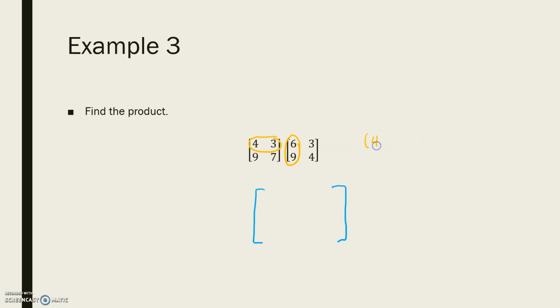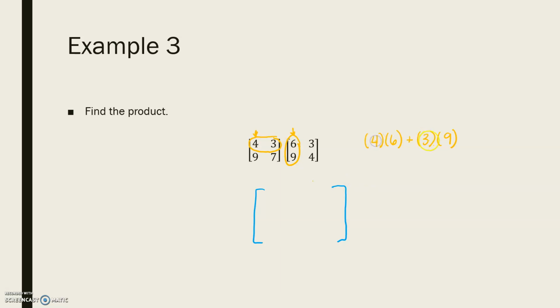And I'm going to do 4 times 6 plus 3 times 9. Now, that seems really weird, but look at where I got each of these numbers. This 4 came from this 4 right here, and I got the 6 from right here. Essentially, I'm starting with the row, starting from the left and working my way to the right.